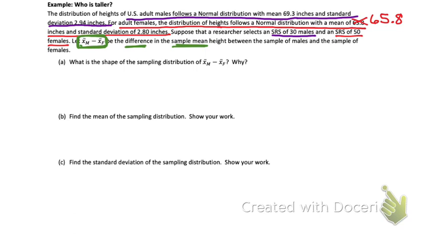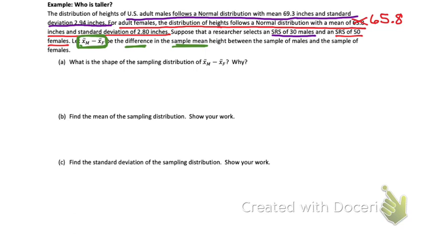Y'all got it? We've got a distribution of males, approximately normal with a mean and a standard deviation. We've got a distribution of females, approximately normal with a mean and a standard deviation. We're going to combine to find the difference in their average heights. What is the shape of the distribution of X bar M minus X bar F? Why is it approximately normal?